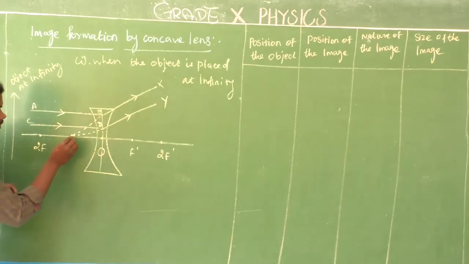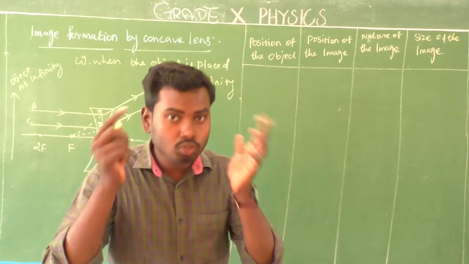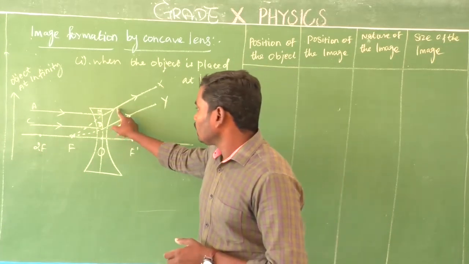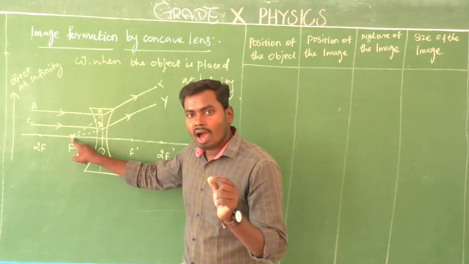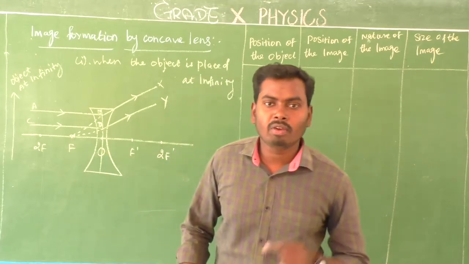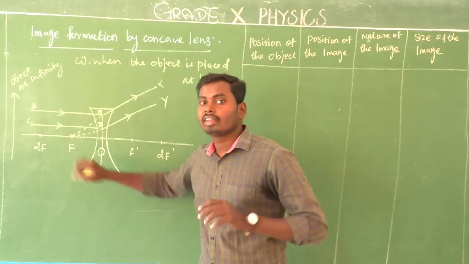Note this point: they appear to come from the focus. So the two refracted rays appear to meet at a point, on the focus. So the image will be formed at the focus of the concave lens.